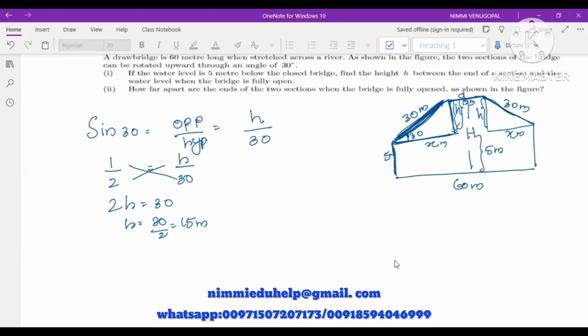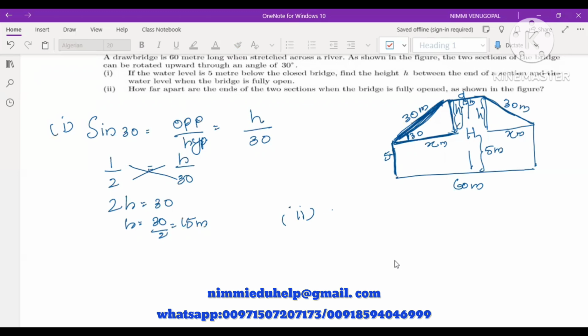We got h now. For the second part, we are going to find the x value. To find the x value, we are standing here, so x is the adjacent side.